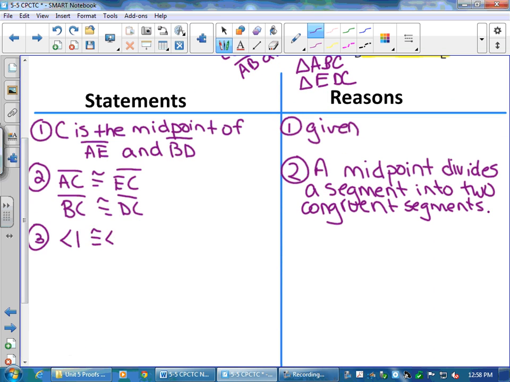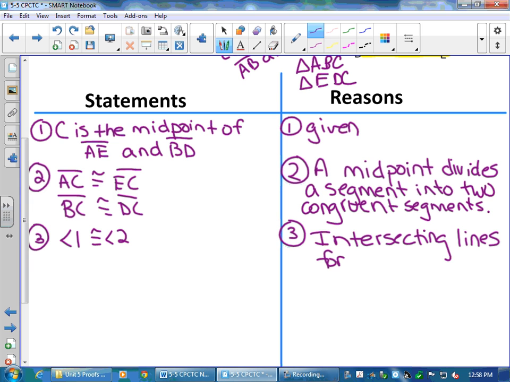By reason, we know intersecting lines form congruent vertical angles. That's enough. That gave me a side, an angle, and a side.